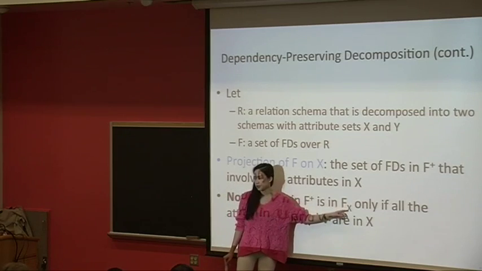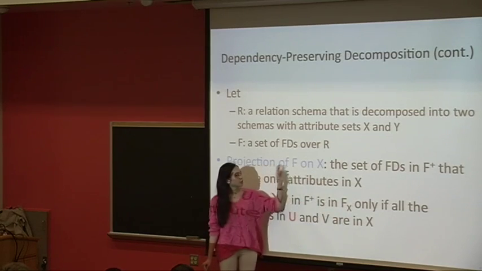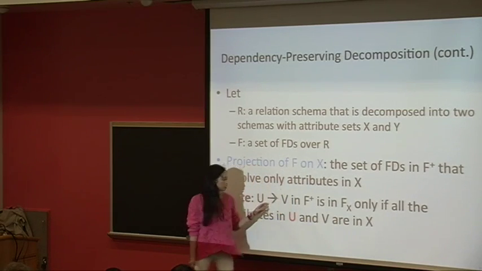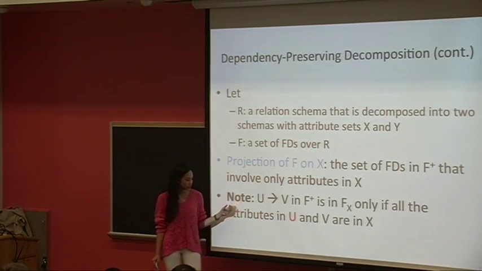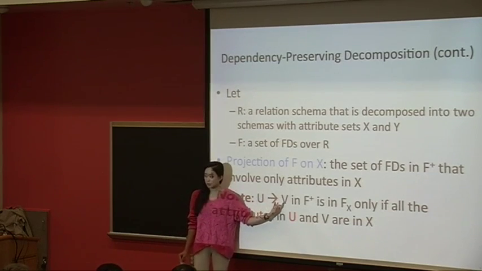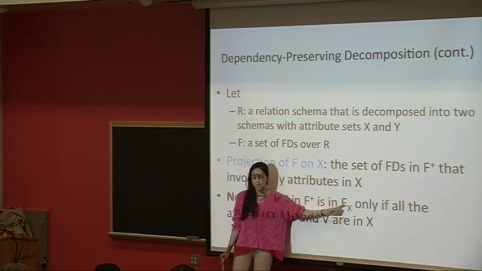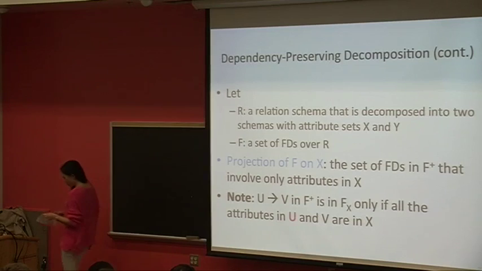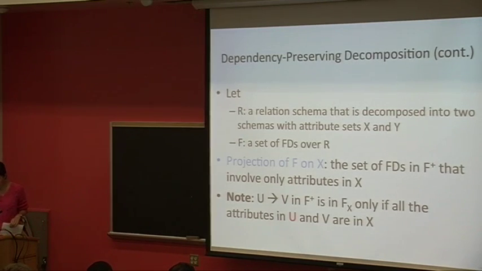Here the attributes we want to project on are X, and the set of functional dependencies is those where, if they are saying U determining V, then U and V's attributes should both be in the X attributes. This is still a bit confusing, but I'll go through an example later so you can see what I mean.